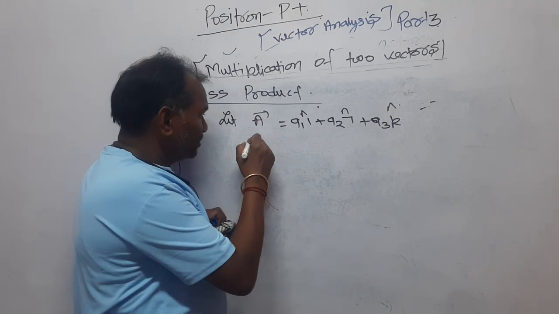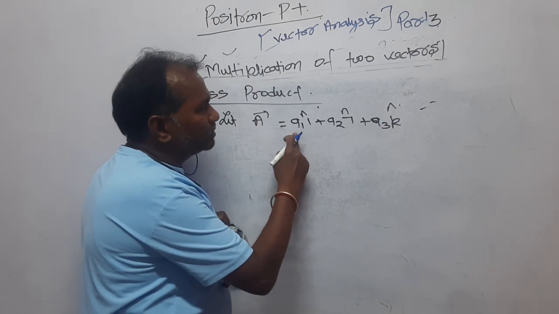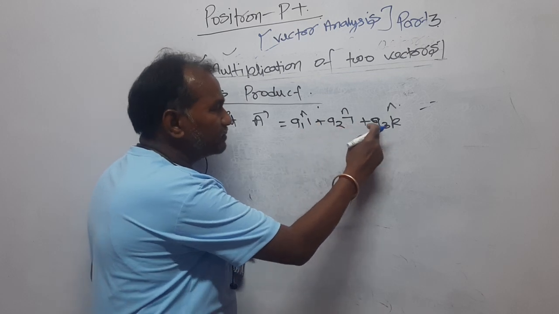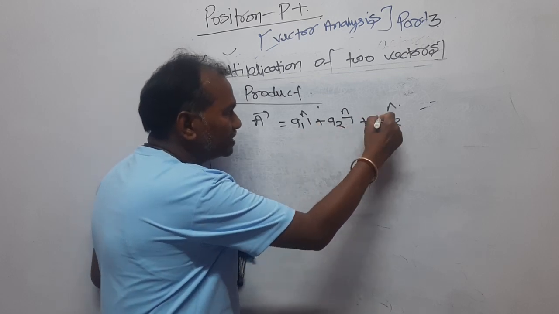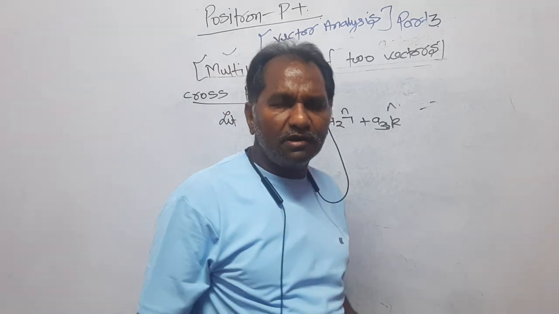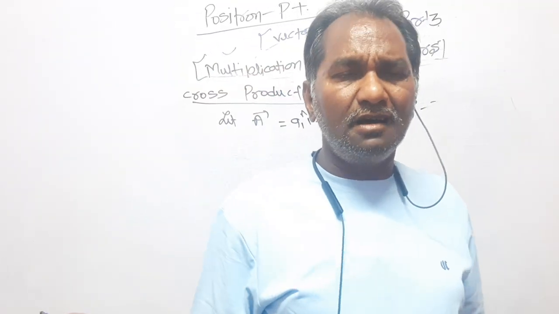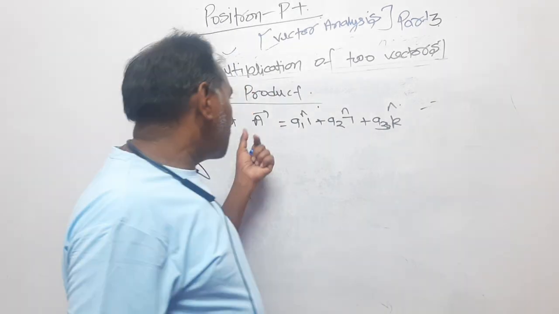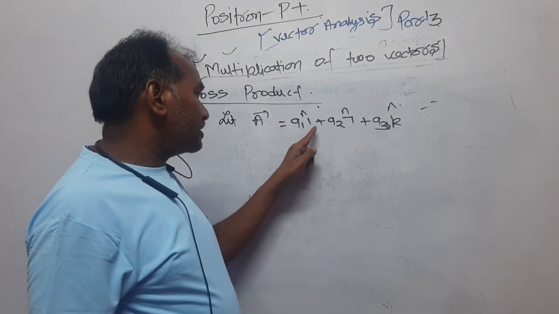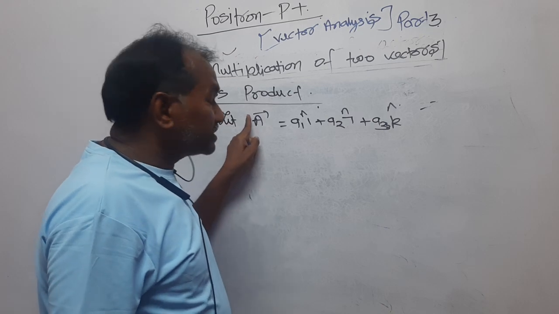What does this mean? If a physical quantity is represented in terms of I cap, J cap and K cap, then undoubtedly it is a vector quantity. There is no need for any further explanation. It means A is a vector quantity.